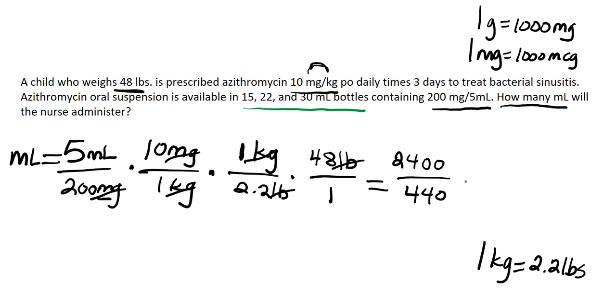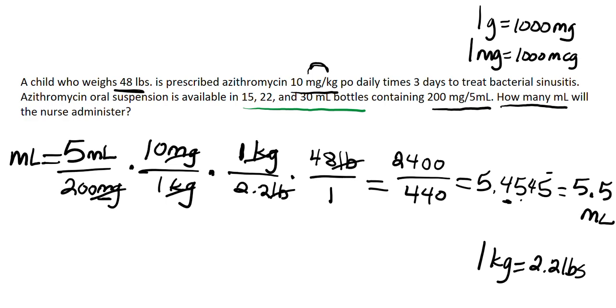So we keep on dividing that out. 2400 divided by 440, you get 5.4545, right? But you always want to just round to the nearest tenth. So when you round to the nearest tenth, you will get 5.5, and that's going to be milliliters. We're rounding to the nearest tenth, so that means we're looking at this 5 or more, you go up 1, and that's how we get our 5.5.